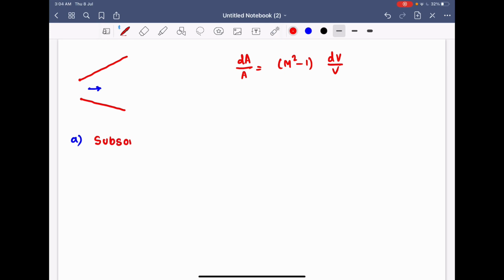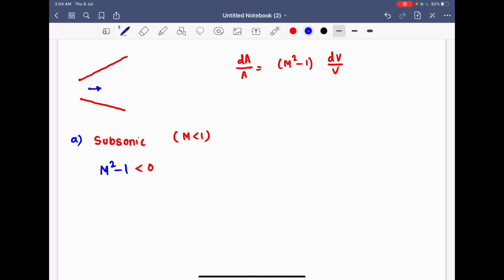For subsonic flow, M is less than 1. So what is M square minus 1? Figure it out, it's very easy. M is less than 1, so M square minus 1 is always less than 0, right? No problem. Now what is dA by A for a divergent duct?